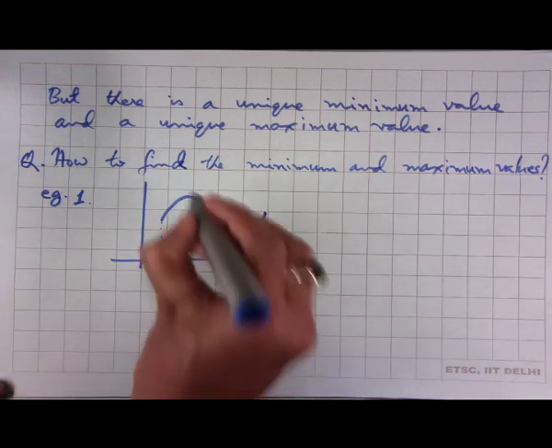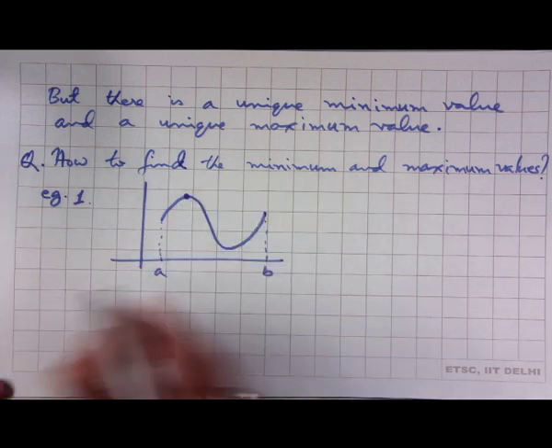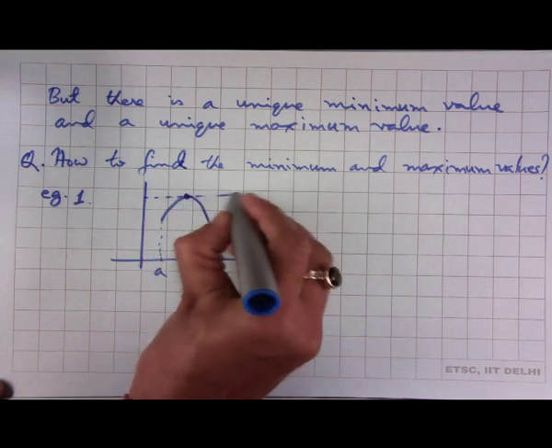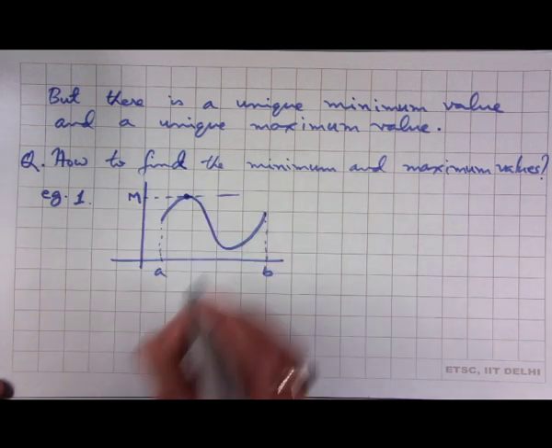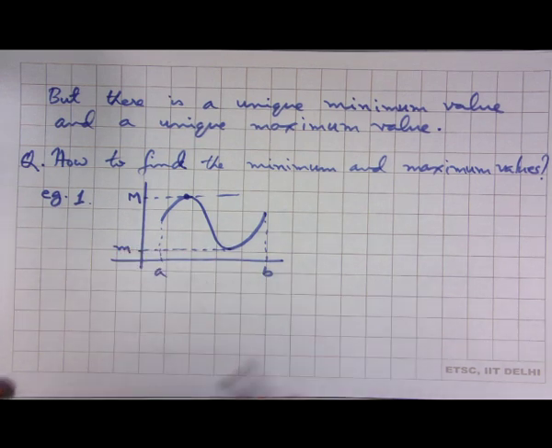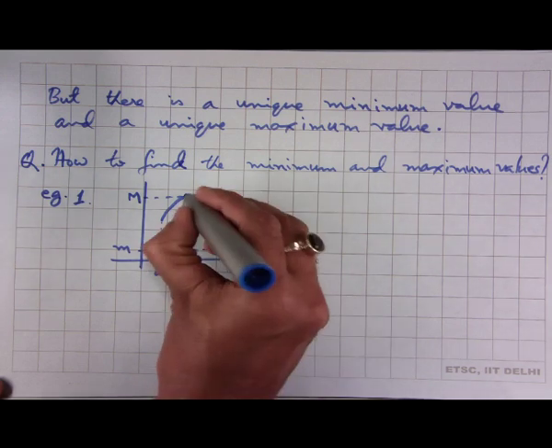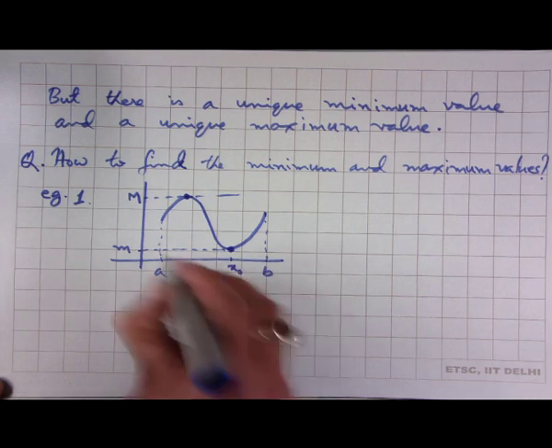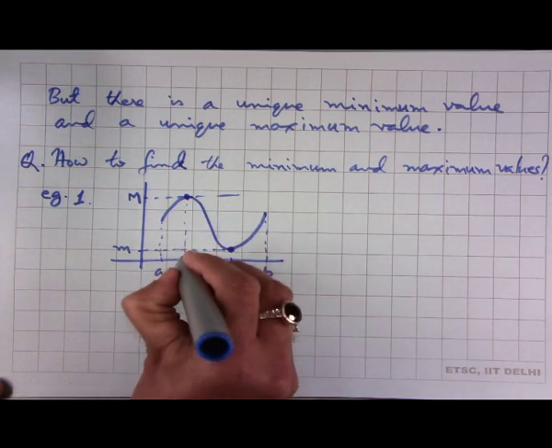Here if you see, the maximum value of this function is this number capital M and the minimum value is this number small m, and these are points. So, this is my x naught and y naught.